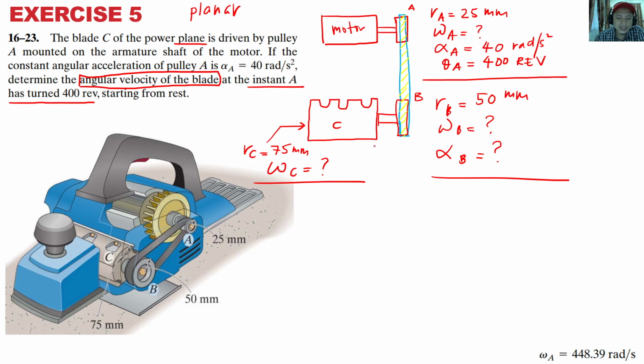So what do we do now? I guess the best way is to identify the source. This is your source. The source is your motor. You have a lot of things going on here.